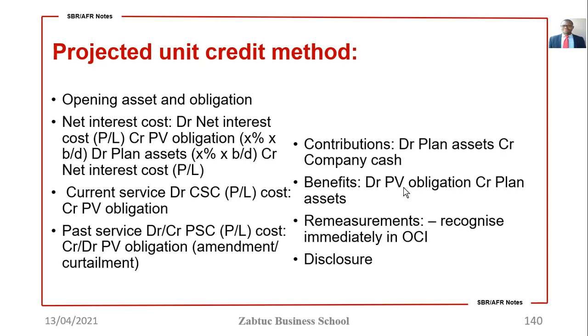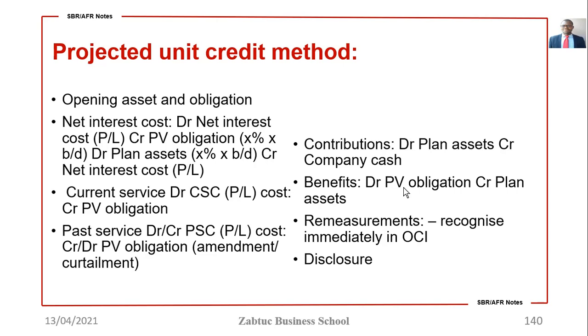Current service cost refers to the value of contribution made by workers during the current accounting period. And of course, when workers make contribution, we owe them, so we have to credit our present value obligation, and we have to debit our profit or loss.